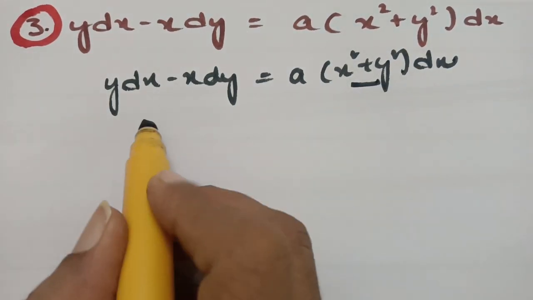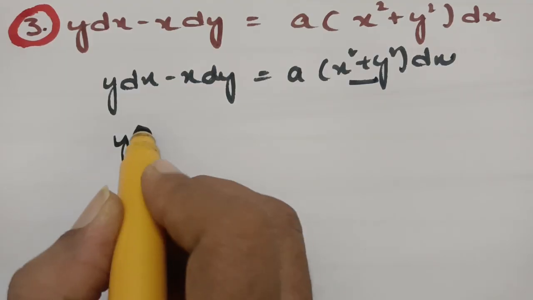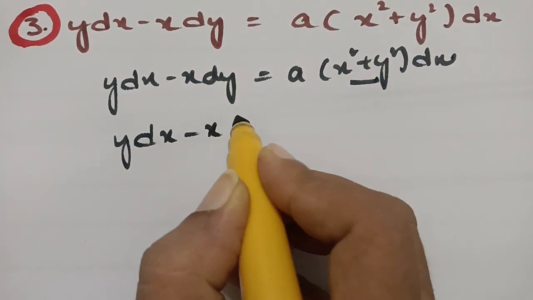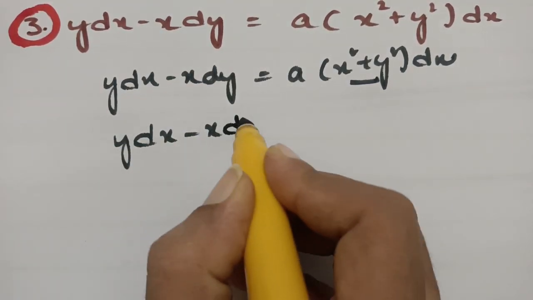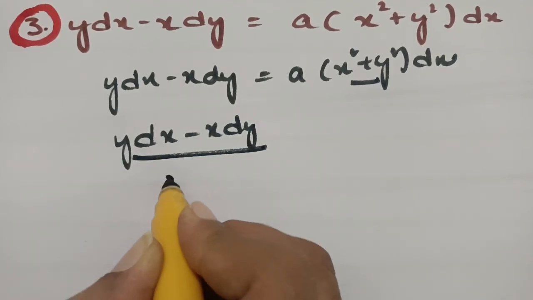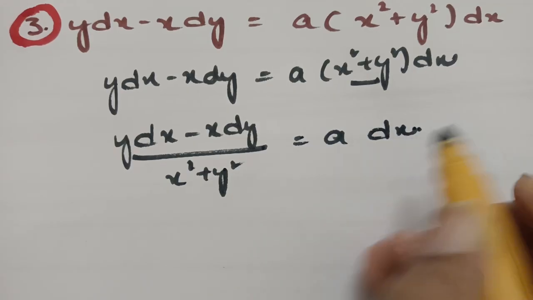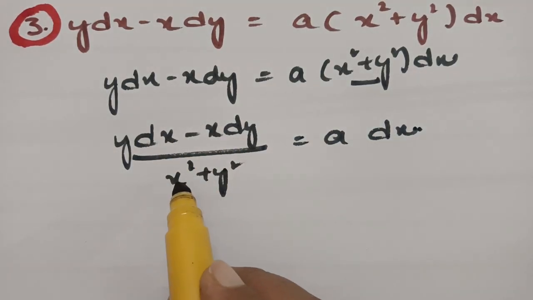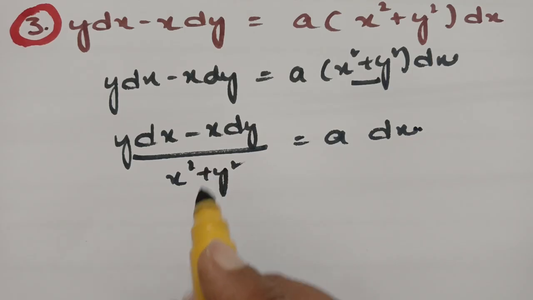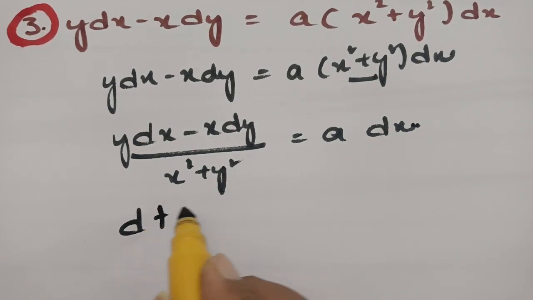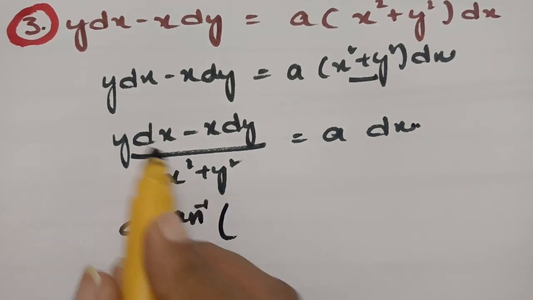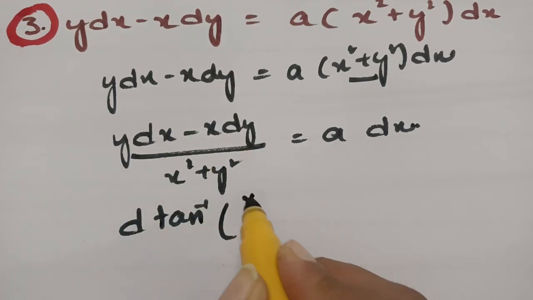If I bring this x square plus y square to this side, this will be y dx minus x dy by x square plus y square is equal to a into dx. This is nothing but, if there is x square plus y square in the denominator, this can be written as a derivative of tan inverse of, if it is y, we have to go with x.